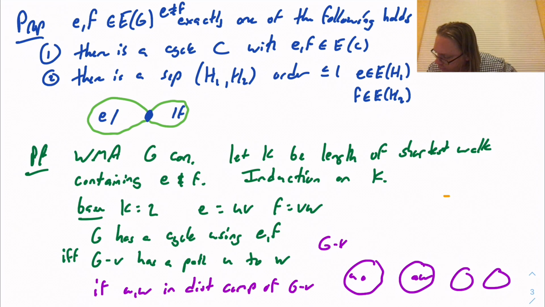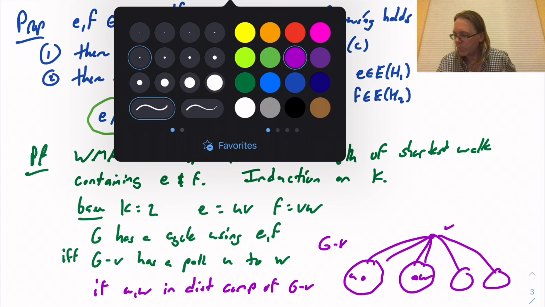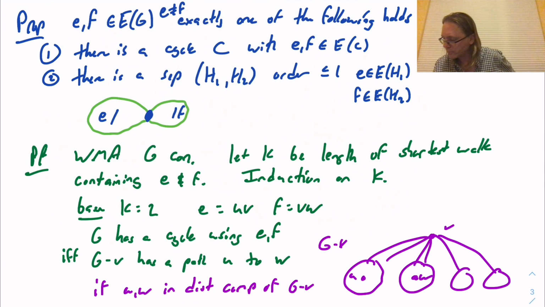So here's the graph G delete V. U and W are in distinct components of this thing. Now I'm going to go from G delete V back up to the original graph G. I'm going to add back the vertex V and its incident edges. So here it is. There's the vertex V. And where its incident edges, well, my original graph was connected, so it has to have some like so. And now I'm going to show you a 1 separation in the original graph. Where's my 1 separation? It's right here.